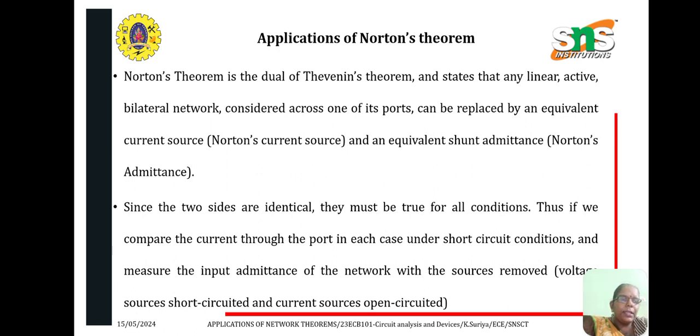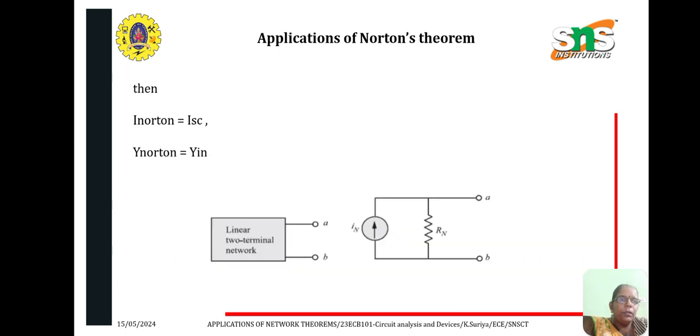Since the two sides are identical, they must be true for all conditions. Thus, if we compare the current through the port in each case under short circuit conditions and measure the input admittance of the network with the sources removed, voltage sources short circuited and current sources open circuited, then you will be getting I_N is equal to I_SC and Y_N is equal to Y_N.